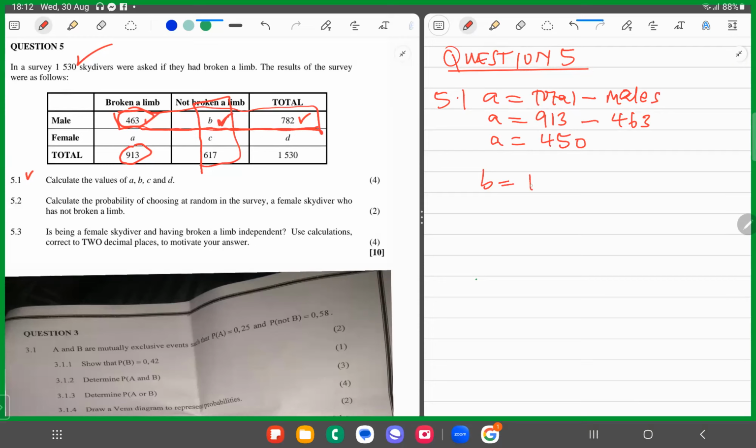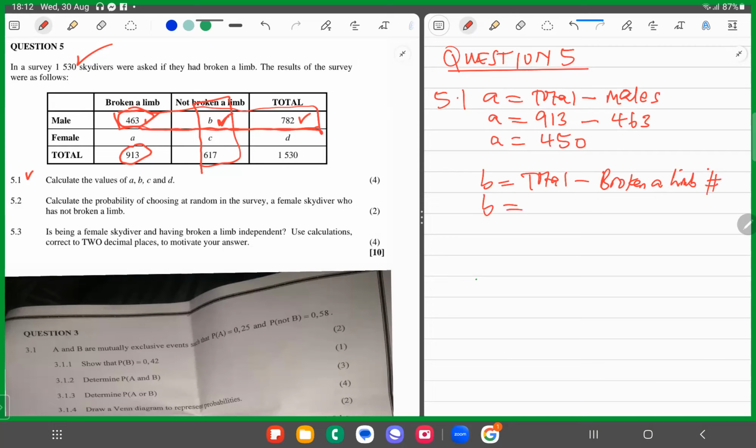So B is the total minus 463, in other words, minus the number with a broken limb.